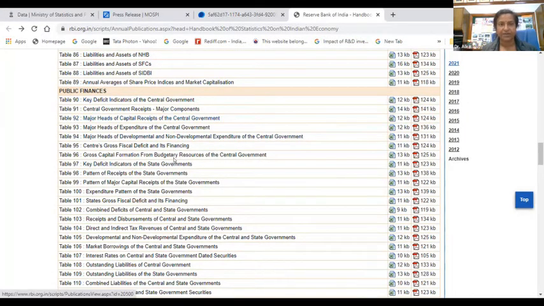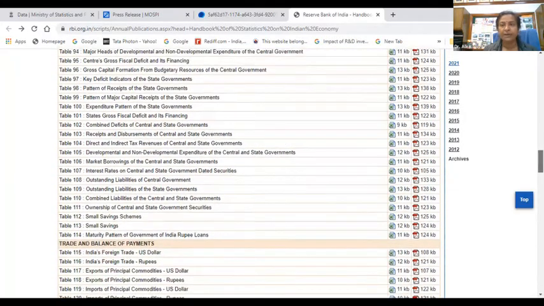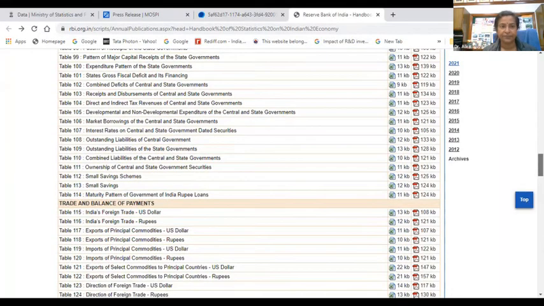I'll come to that website also, once I close this and do that. But the same data is reproduced here. So you need to understand that this is not the domain of the Reserve Bank of India. Fine. But the handbook is available. In the handbook, that data is given.